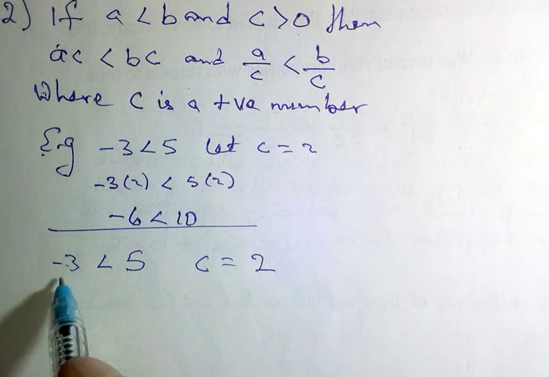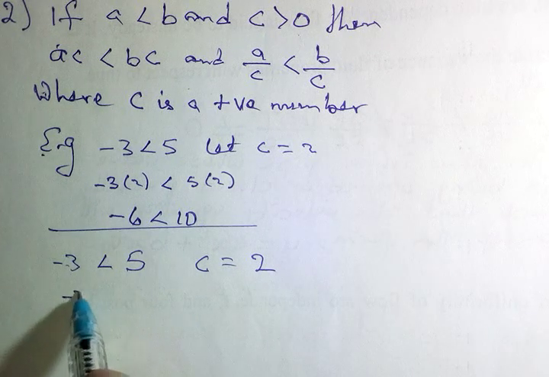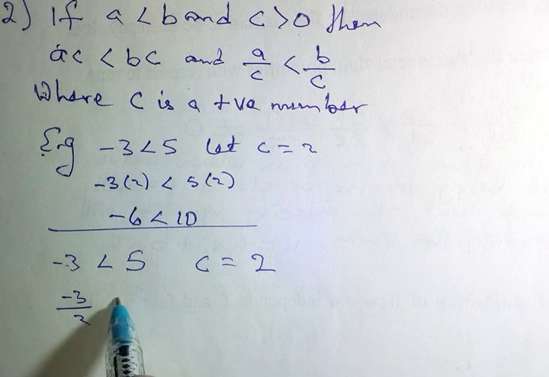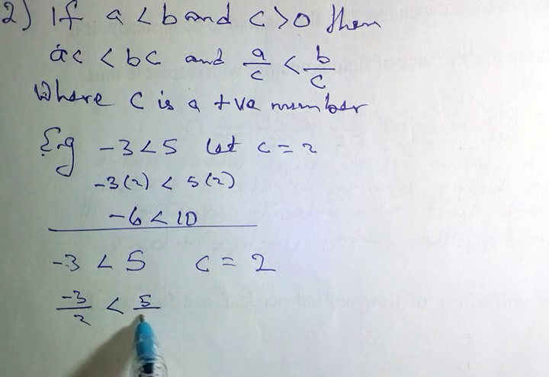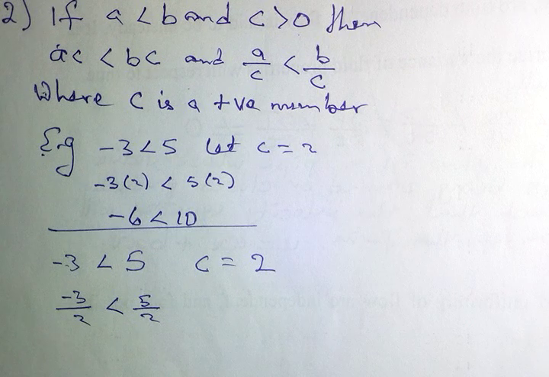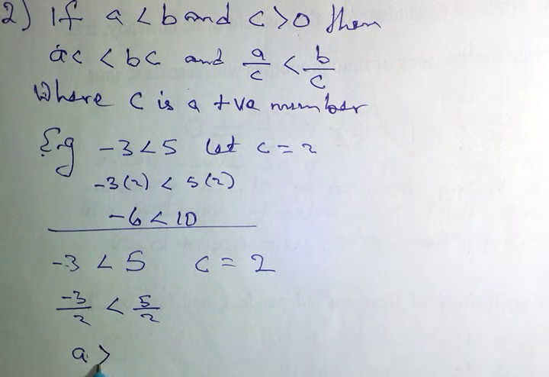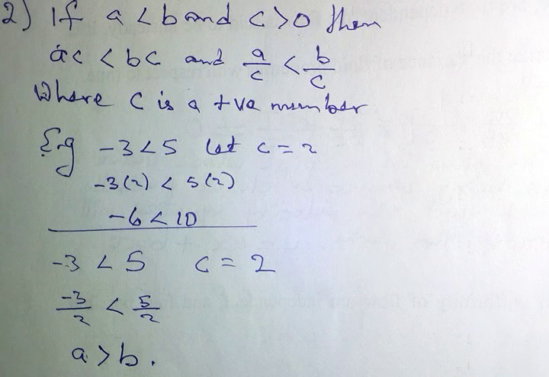We are going to have negative 3 over 2 will still be less than 5 over 2. Okay, this also applies in case of A greater than B. Okay, now quickly let's consider the third rule.